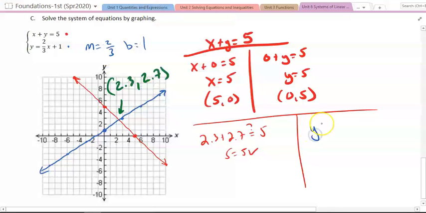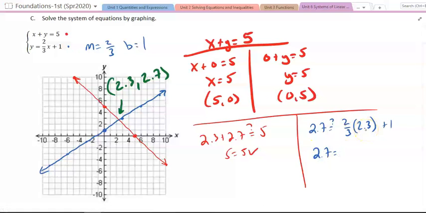So y, which is the 2.7, is that equal to 2/3 times 2.3 plus 1? And so 2.7, 2/3 of 2.3. So we put that in our calculator, and what we're going to get, 2/3 times 2.3 is 1.53 with the 3 repeating.